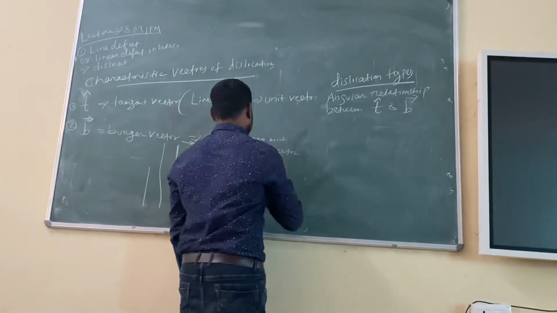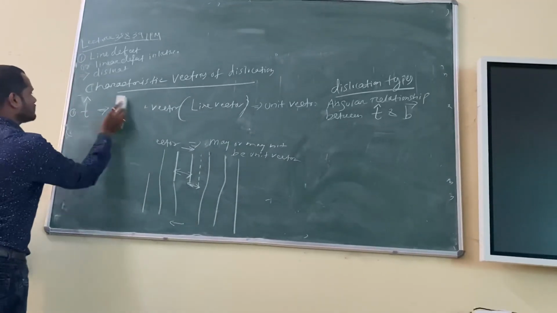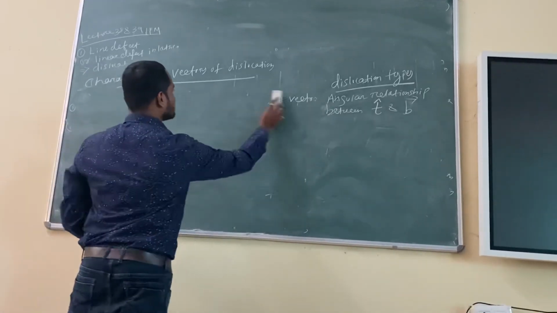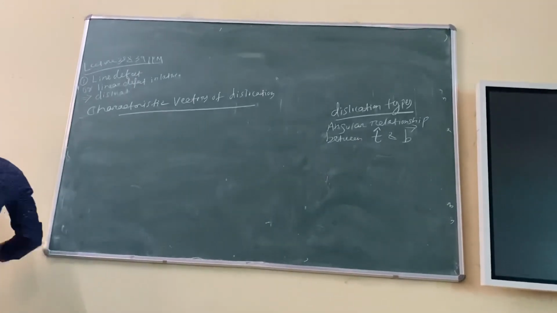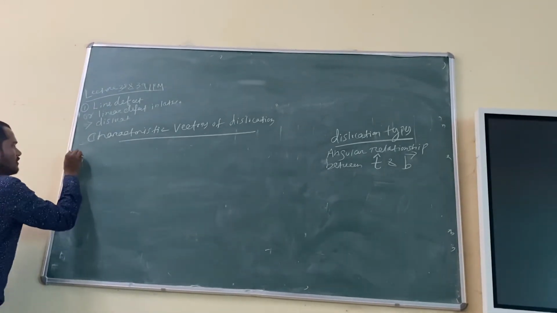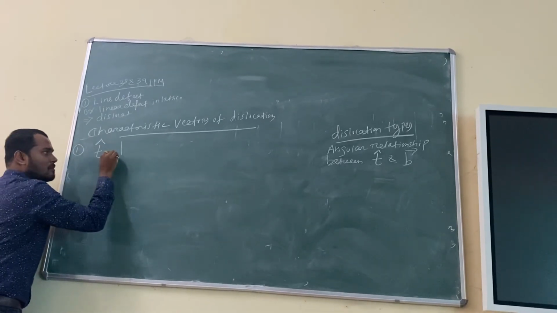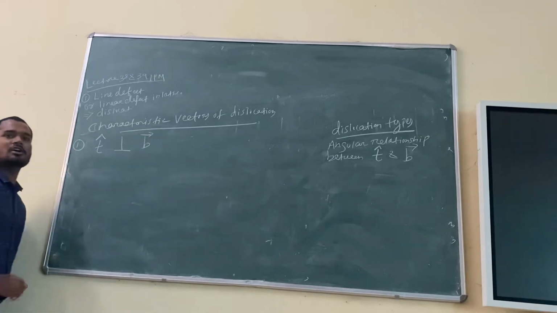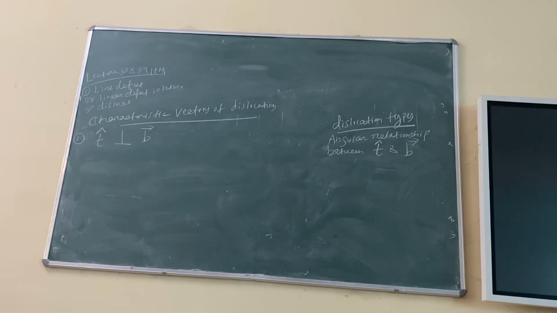The first condition is, okay, let me erase this one. So I can have three situations. Just have a look. I can have three situations. The situation 1 is tangent vector will be perpendicular to the Burgers vector. So this is one condition, right? Tangent vector will be perpendicular to the Burgers vector.